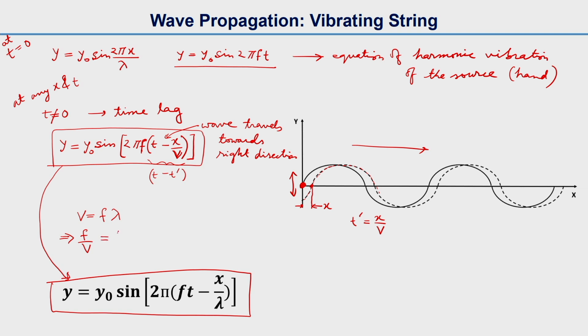So f by v will be equal to 1 by lambda, and that will give you this equation. This relation will give you this equation, and this is the equation of displacement at any position x and time t.